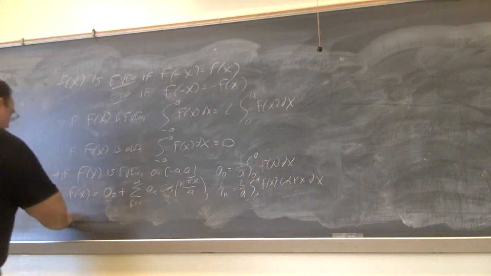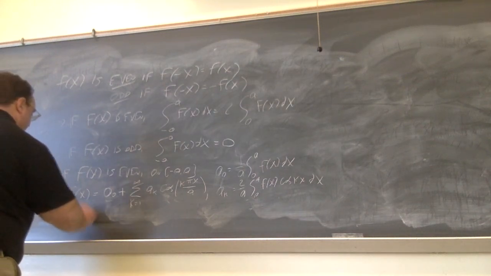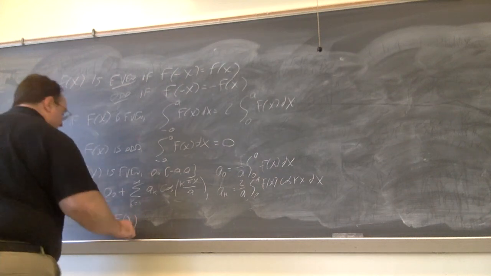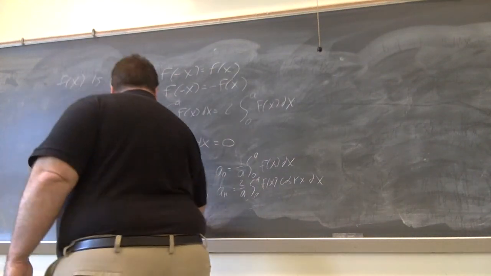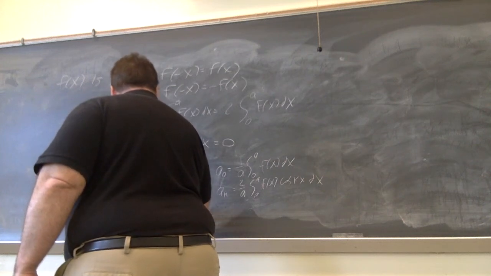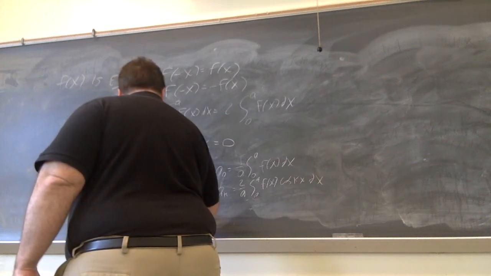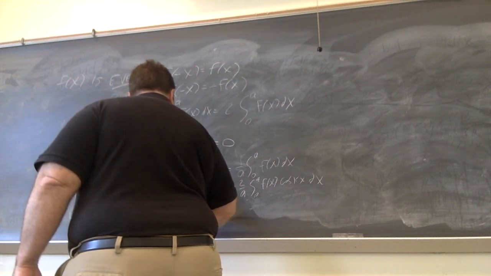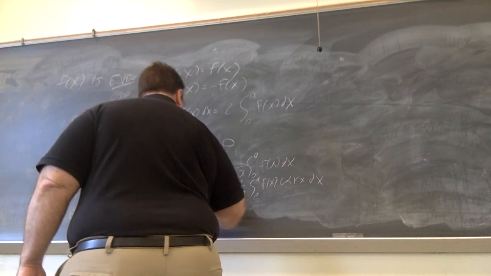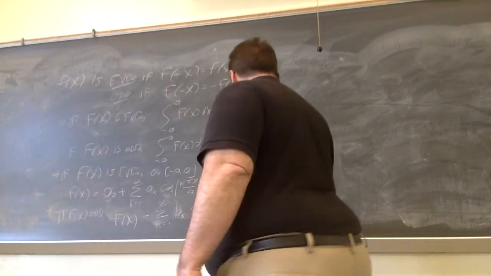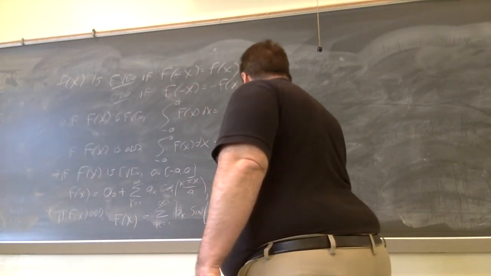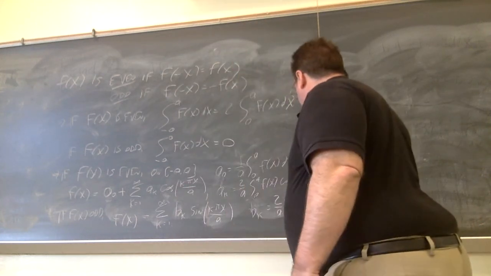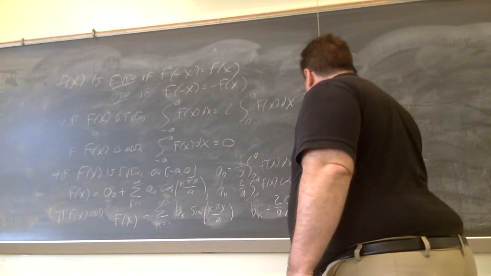And if f is odd, then its Fourier series, again on minus a to a, consists only of sine terms. So b_k is 2 over a times the integral of f times sine kx.